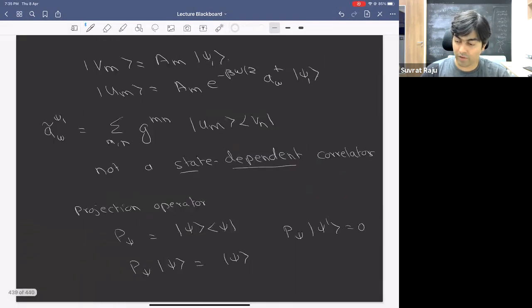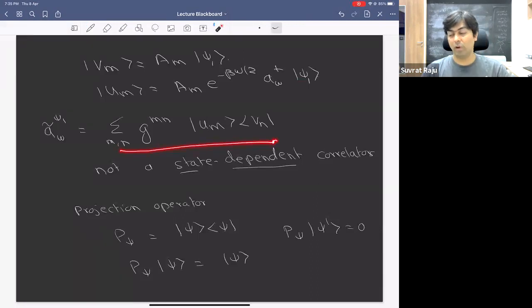And if you look at this explicit formula that we have here, it clearly just annihilates vectors which are orthogonal to the little Hilbert space of psi1. If you were to act with this operator on psi2, you would get the inner product of these operators with psi2, and that would be exponentially suppressed.